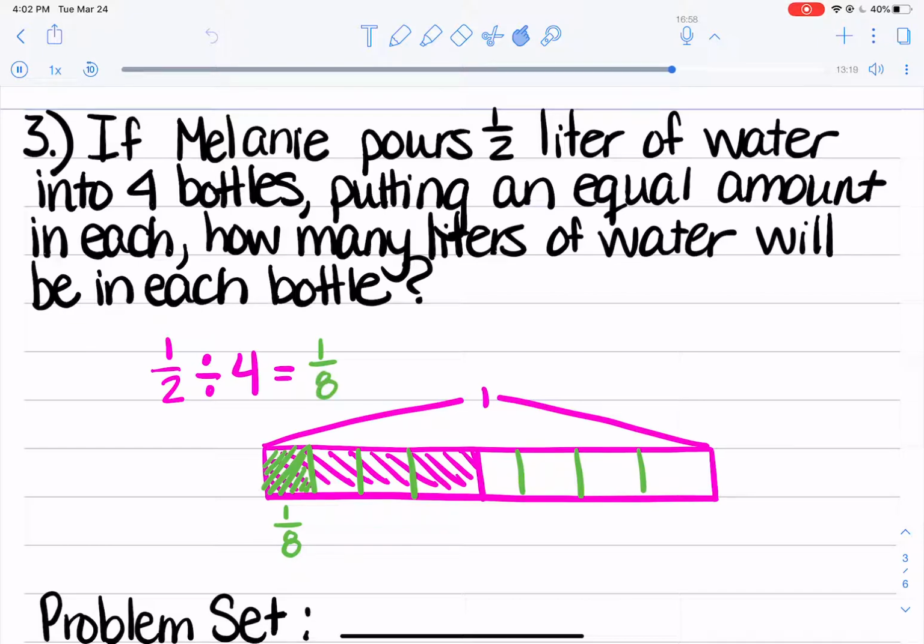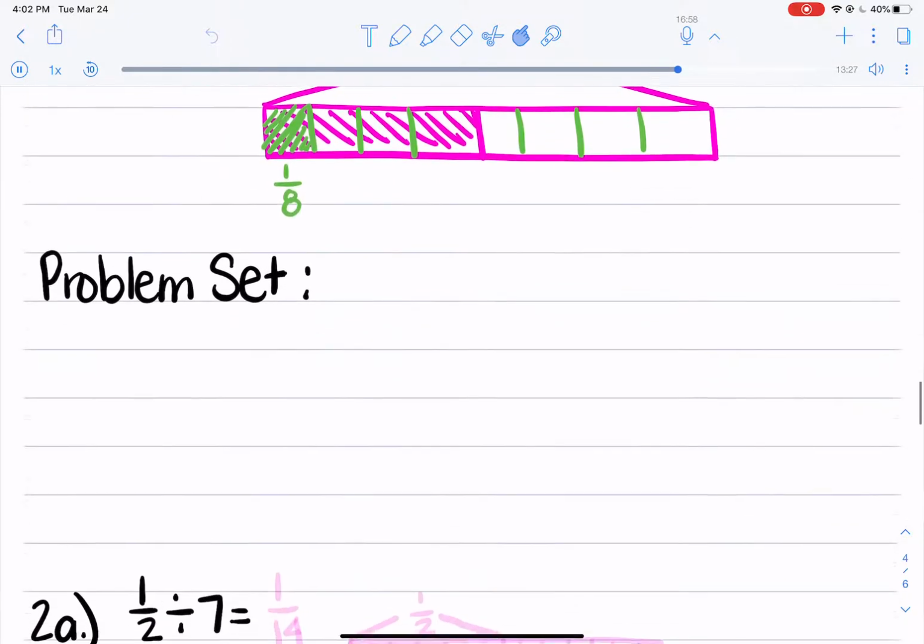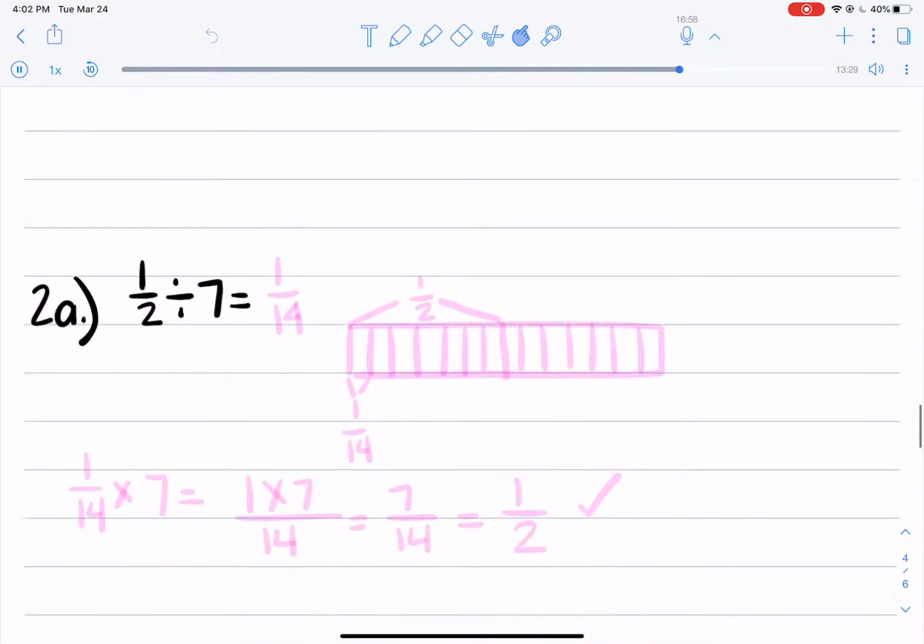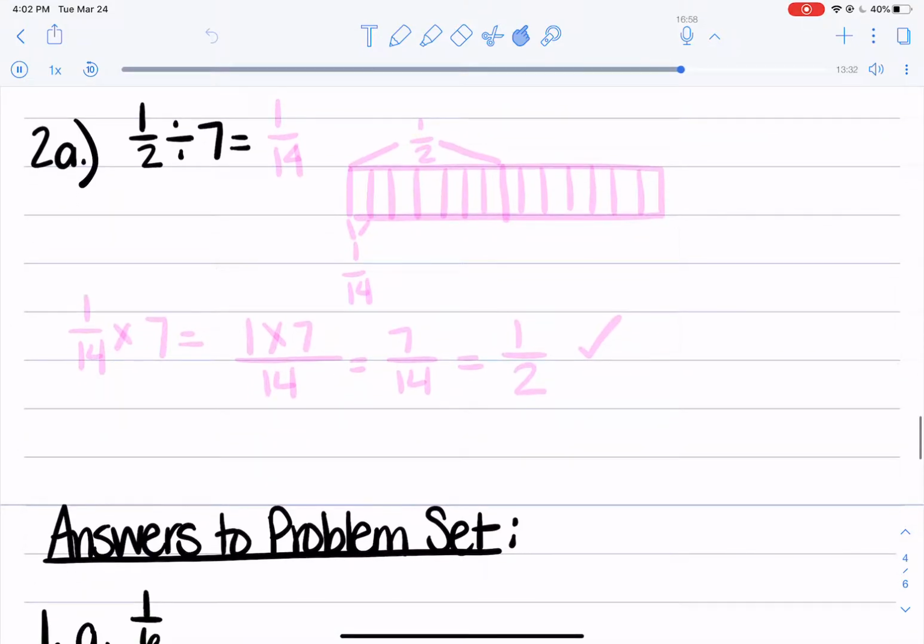All right, so let's go to some of the problem set here. I'm going to write a couple of the problems from the problem set down, and we'll work them through together before I let you guys go to solve them yourself. All right, let's try this one. 1/2 divided by 7. Tape diagram again. Here's my 1/2.